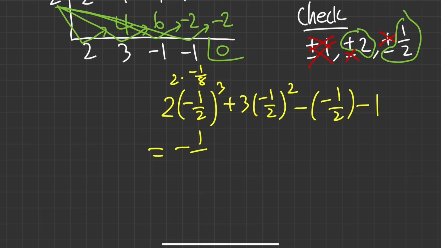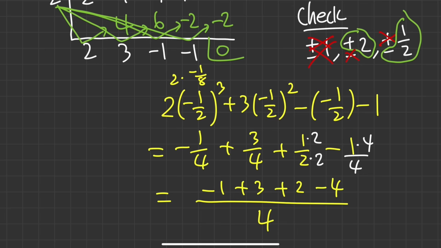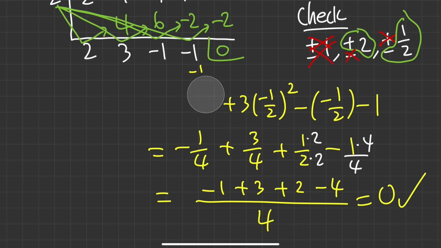So that's -1/4. This is 1/4 times 3 is 3/4. This is +1/2 and then -1. And let's get our common denominator. I need to multiply by 2 and 2 here. Multiply by 4 and 4 here. And -1 plus 3 plus 2 minus 4. This is 2 plus 2 is 4 minus 4. We do end up with 0. So that is an answer. So let me erase this now.